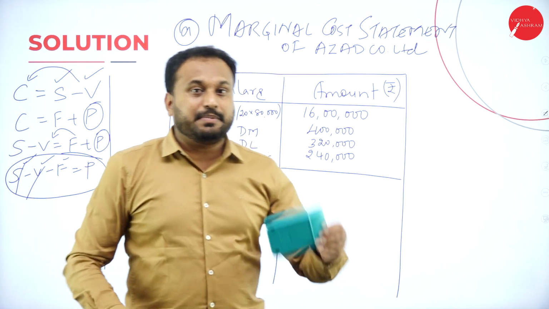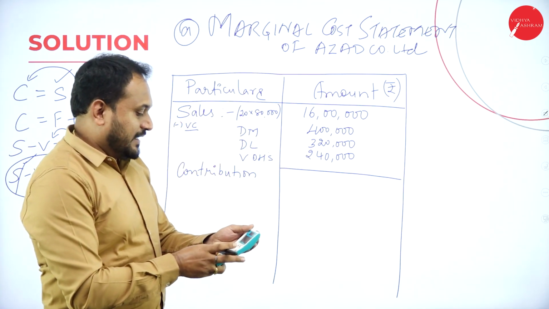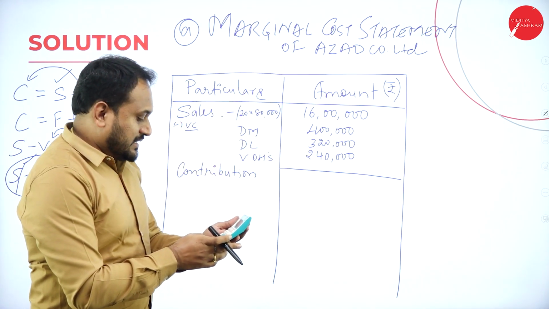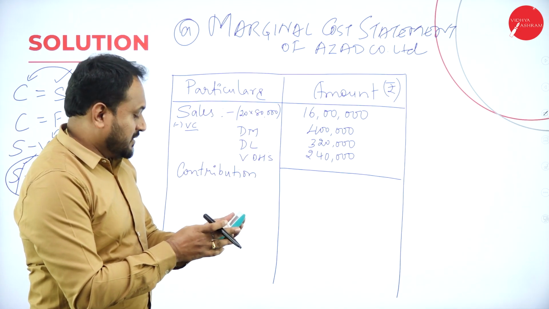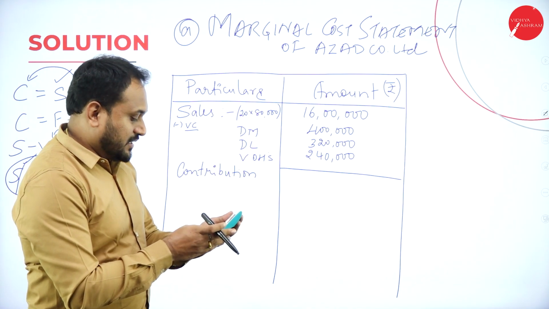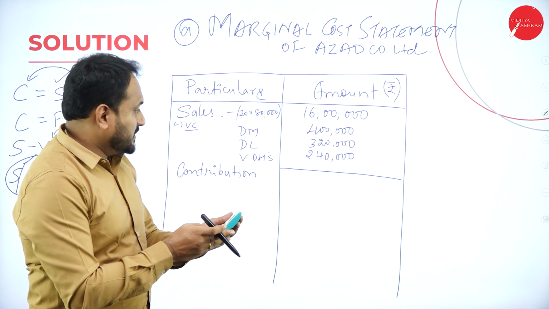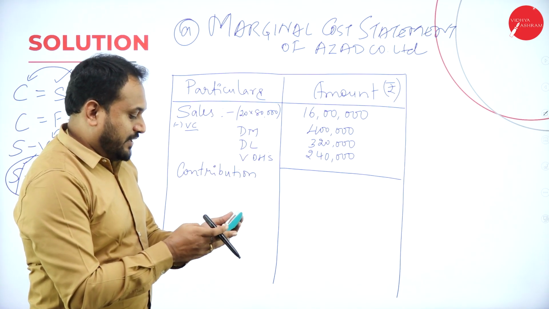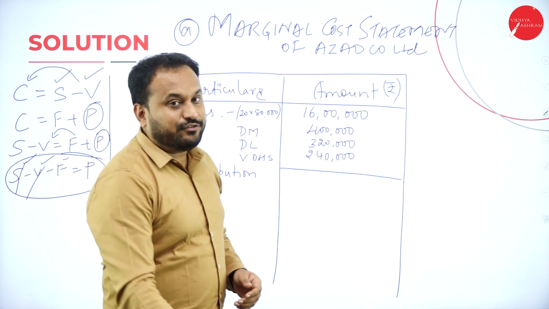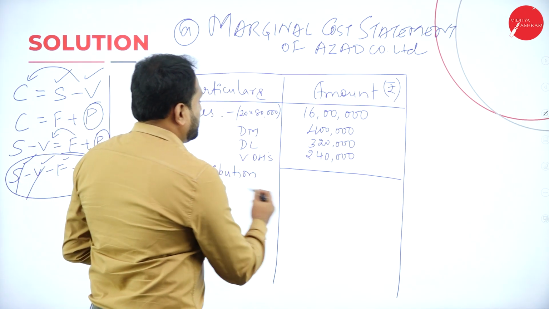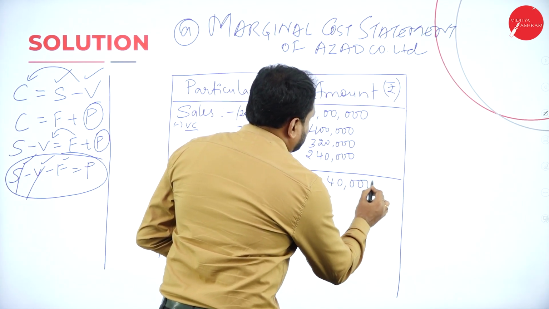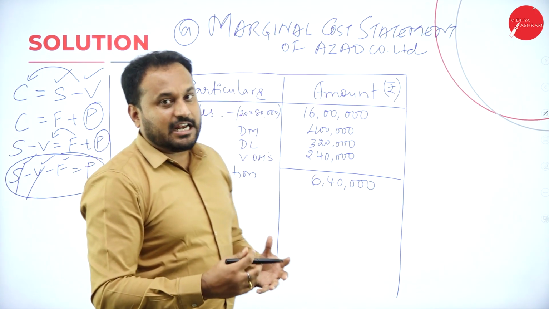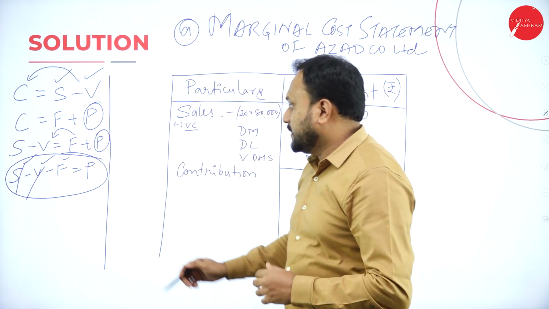So while subtracting, please take your calculator. Let's go with this. 160 minus 40 minus 32 minus 24. So we got 6,40,000 here. So contribution is how much? 6,40,000.